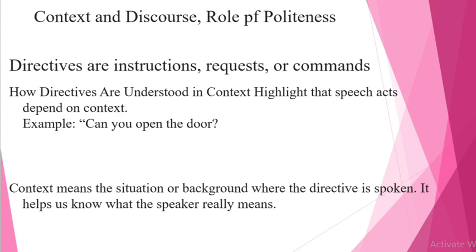Before going further into detail, I would like to tell you the levels of politeness here. Now, listen very carefully. If I say, open the door, can you open the door? Can you please open the door? Could you please open the door? Could you please mind opening the door?